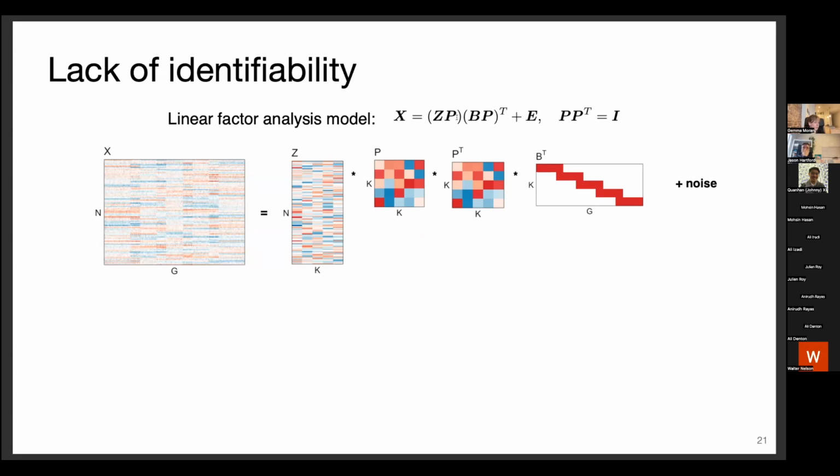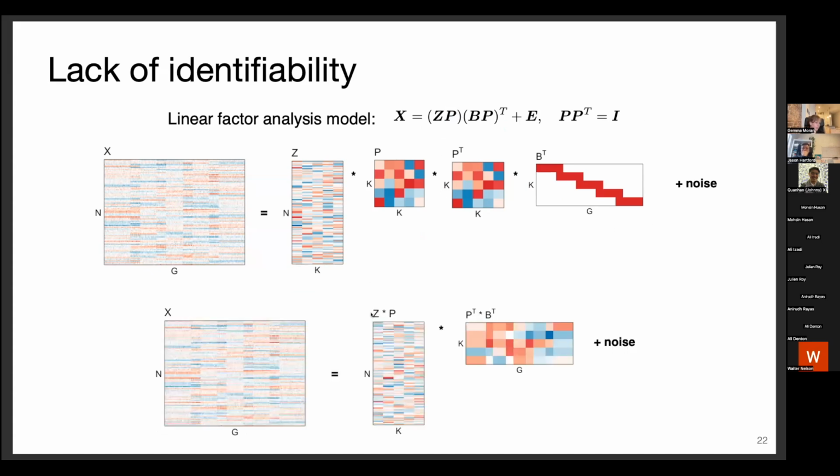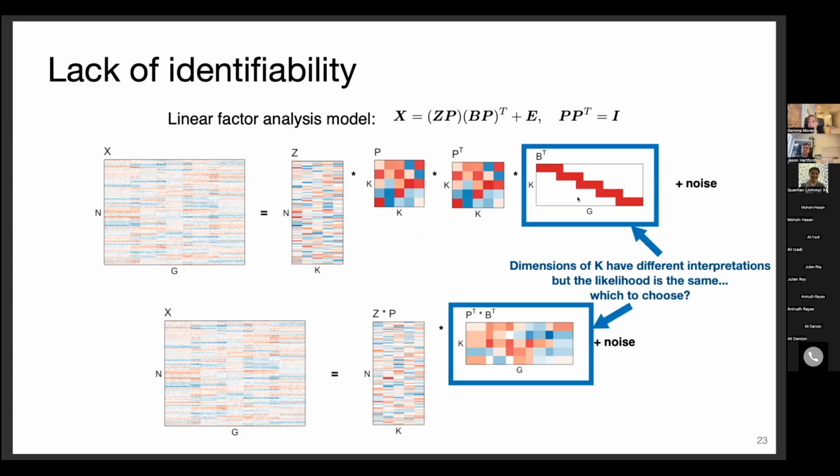We can introduce any rotation matrix such that the rotation matrix times its transpose is the identity. Then Z times the rotation matrix and B times the rotation matrix are observationally equivalent. And we essentially can't decide a priori, without any further assumptions, which of these to choose.